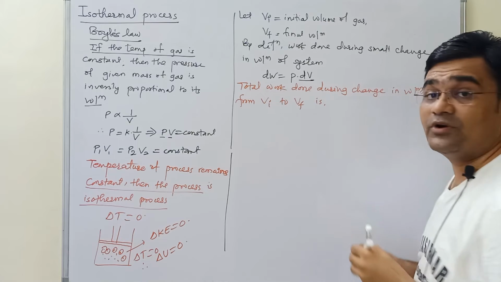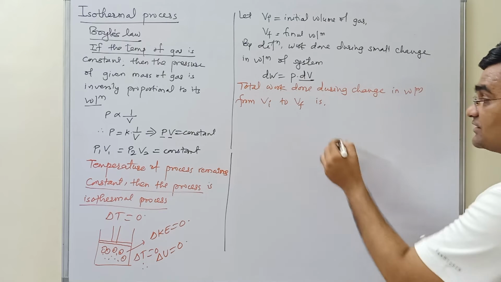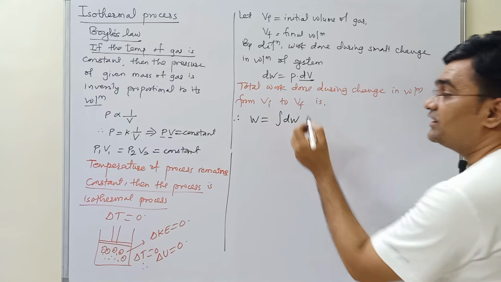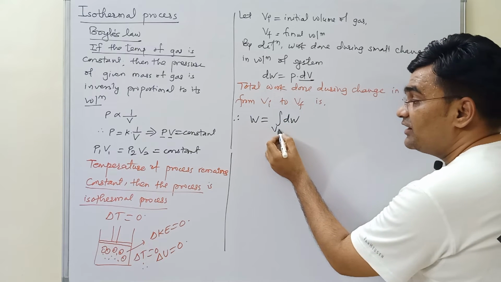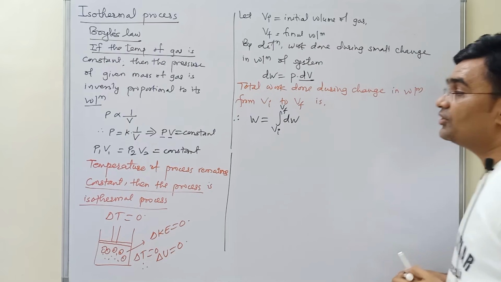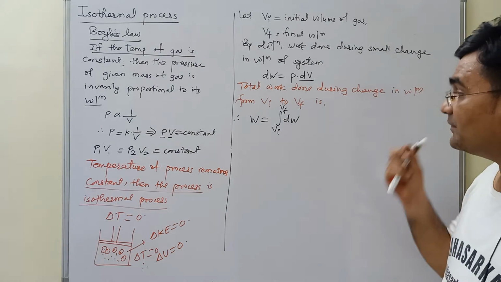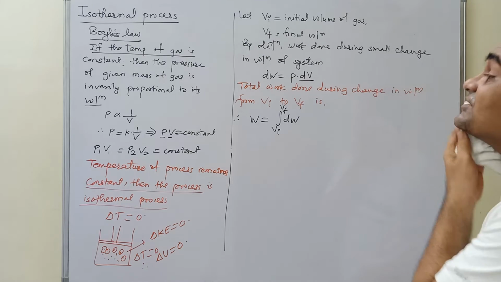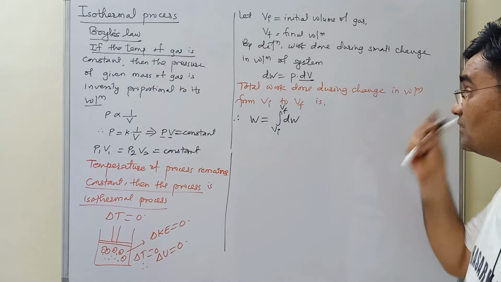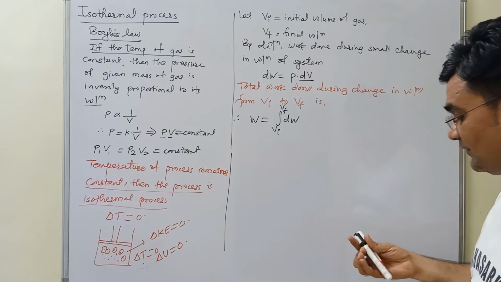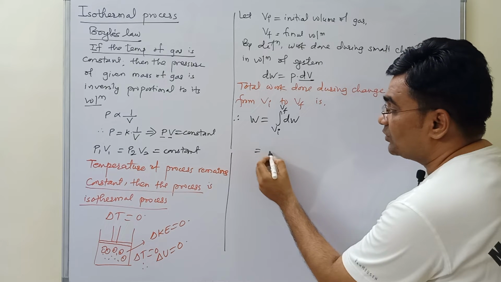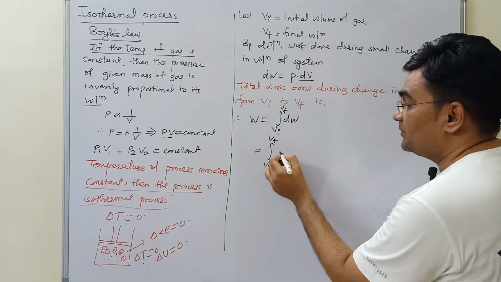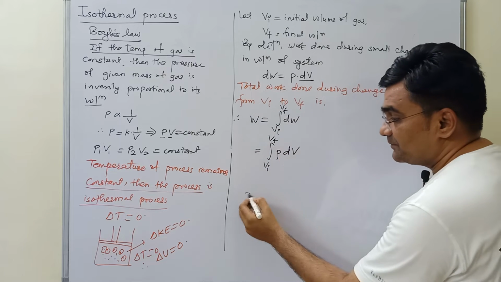We know that there is one important method called the method of integration. So I can say W is equal to the integral of dW, from Vi to Vf. Substituting the value of dW, what will we get here? Then I will get the integral from Vi to Vf of P into dV.